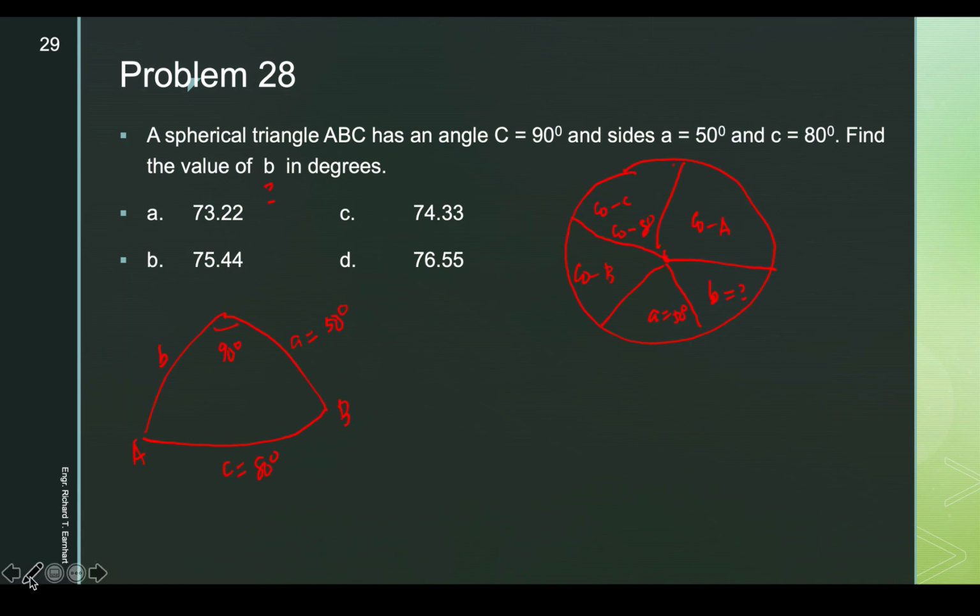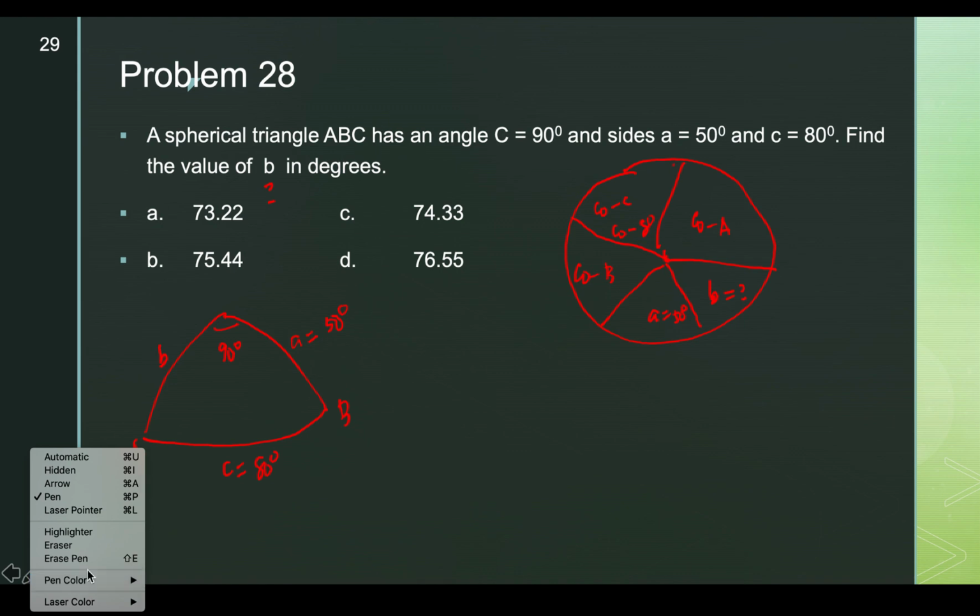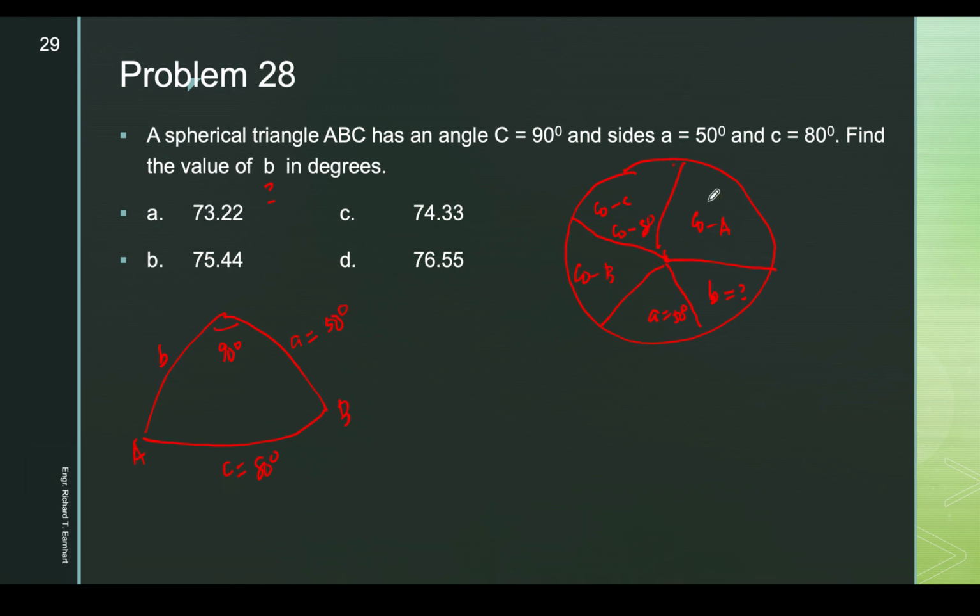Okay, so we're given here A and C. So these two parts, and we're asked to find this part or side B. So your Napier's rule, no, will involve these three parts, no. So if you take this as the middle part, okay, A and B, the sides A and B will turn out to be the opposite sides.